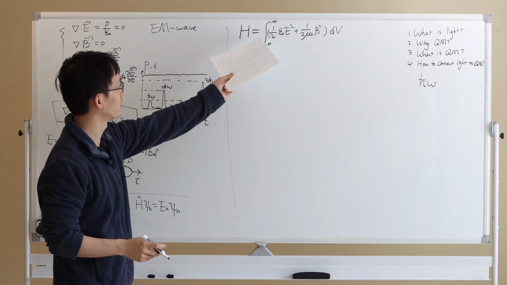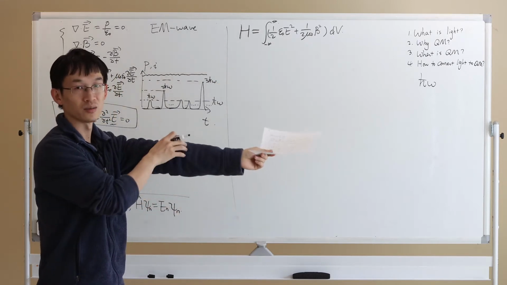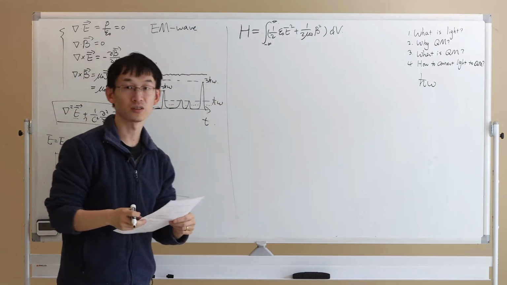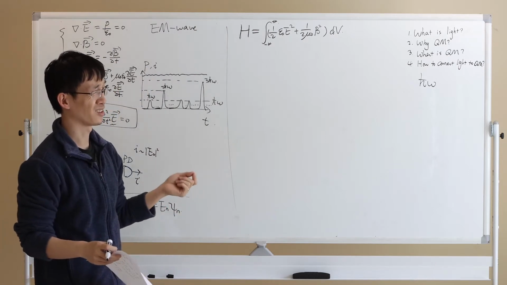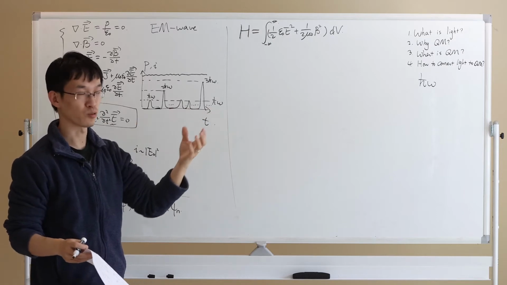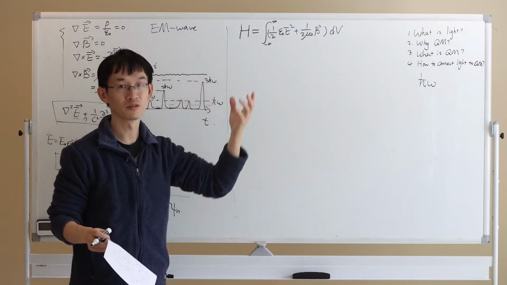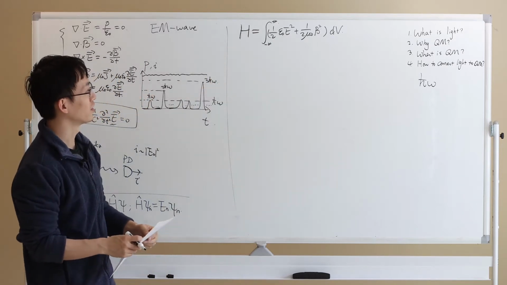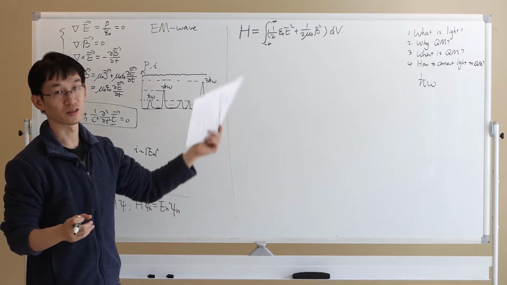For any integral, you don't want to handle minus infinity and plus infinity. Especially in this case, if you use a plane wave, there's energy everywhere, so this integration will blow up and it makes no sense to calculate this.